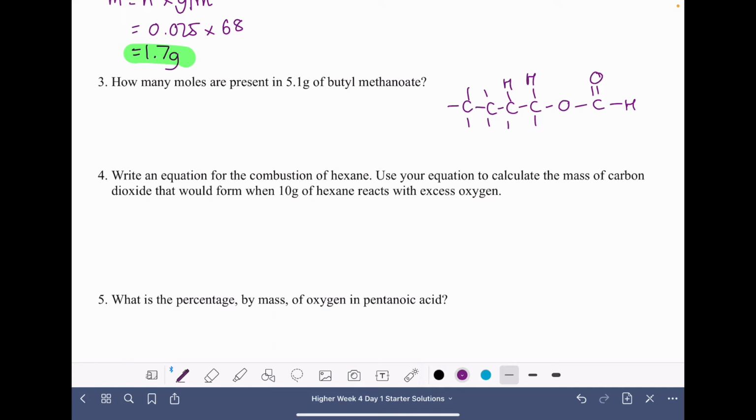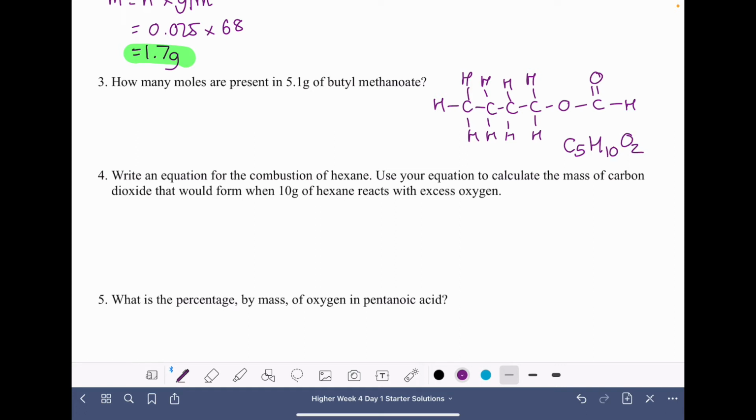So we've got 5 carbons in total. If we were to write out the molecular formula, it doesn't matter what order we put things in, but we've got a total of 5 carbons, and we've got 1, 2, 3, 4, 5, 6, 7, 8, 9, 10 hydrogens and 2 oxygens.